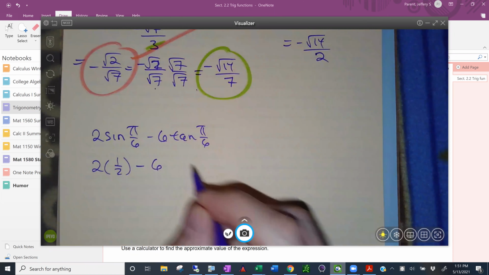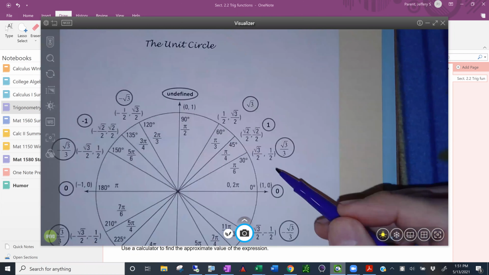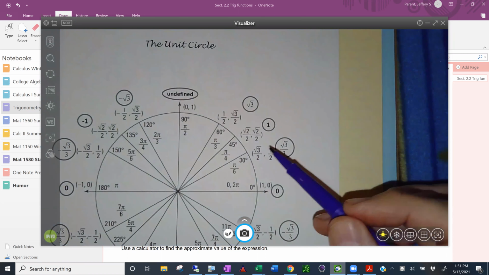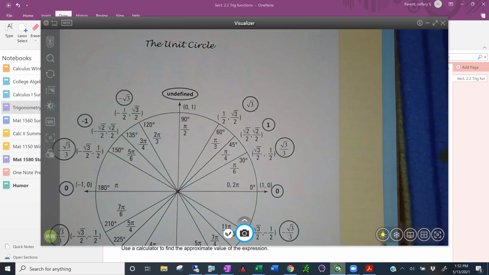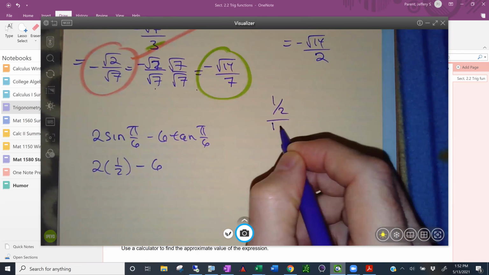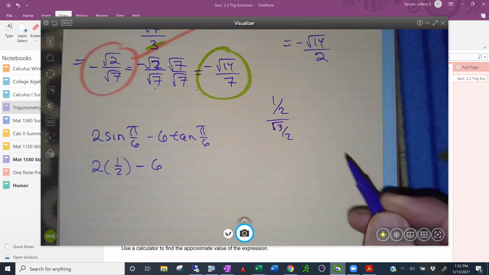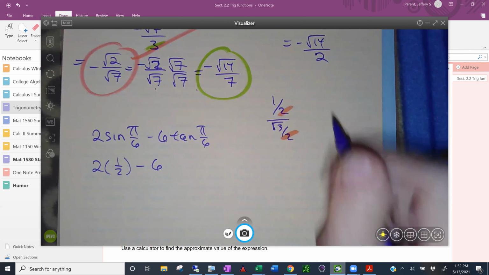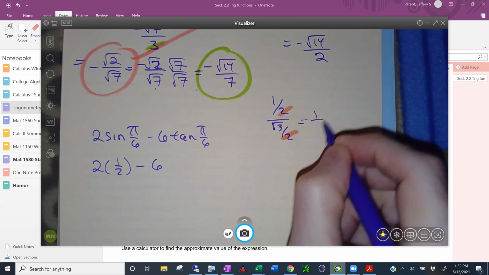minus 6 times the tangent. Now the tangent is really the ratio of the y coordinate divided by the x coordinate. And if you did that, you'd end up with 1/2 divided by square root of 3 over 2. The denominators cancel and leave you with 1 over the square root of 3.